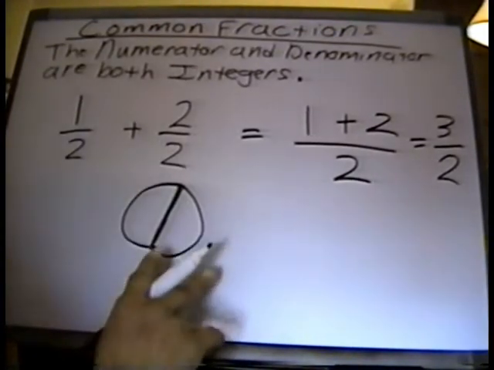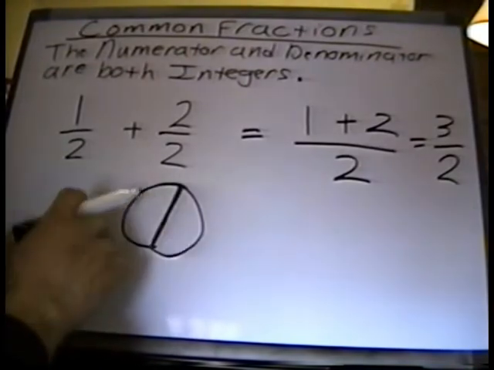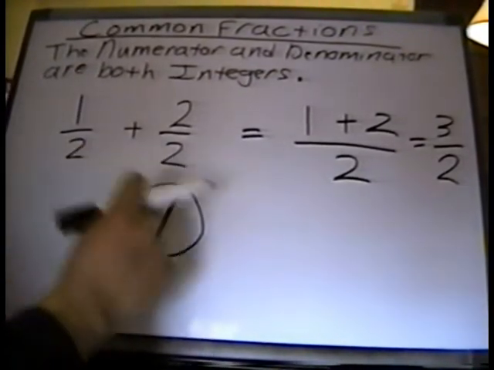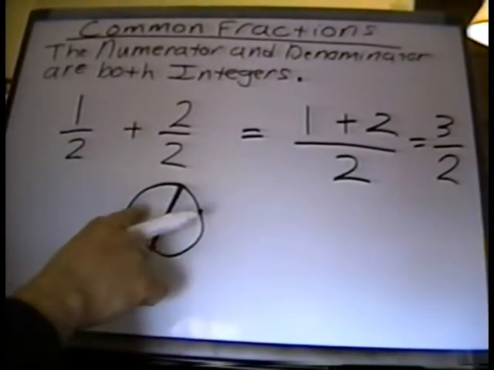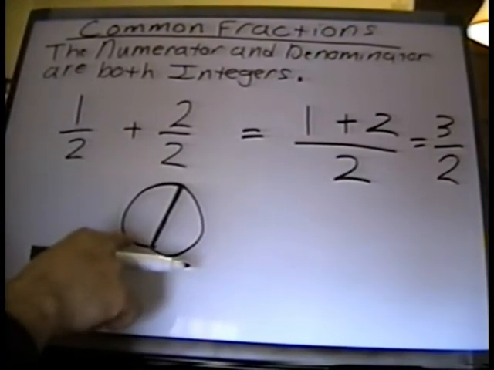I mean, if this was actually even, if I could draw a perfect circle, a denominator of 2 means that our object is evenly divided into 2 parts.